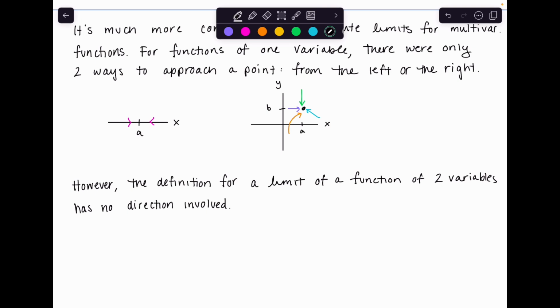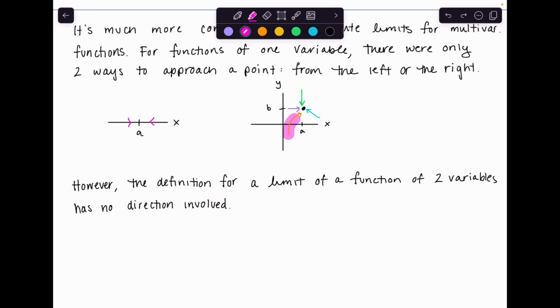However, it does help us for showing a limit does not. So back in Calc 1, if you showed that the limit from the left was different from the limit from the right, which was typical of your piecewise functions, then overall the limit did not exist. Well, the same idea is going to hold here.